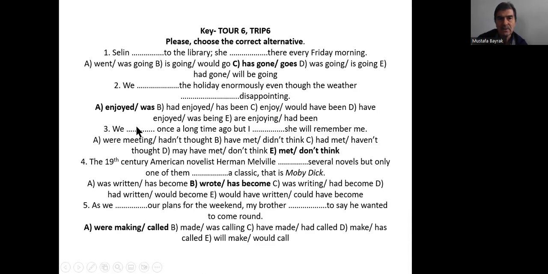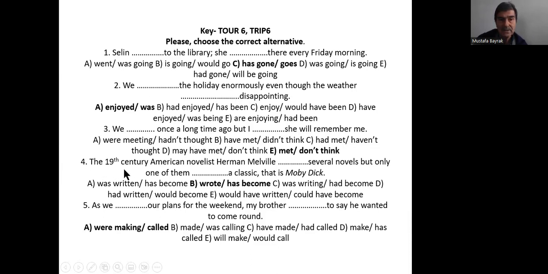3, we blank once a long time ago, but I blank. So we met once a long time ago, but I don't think she will remember me. Yes, we met once in the past, a long time ago, but I don't think she will remember me.